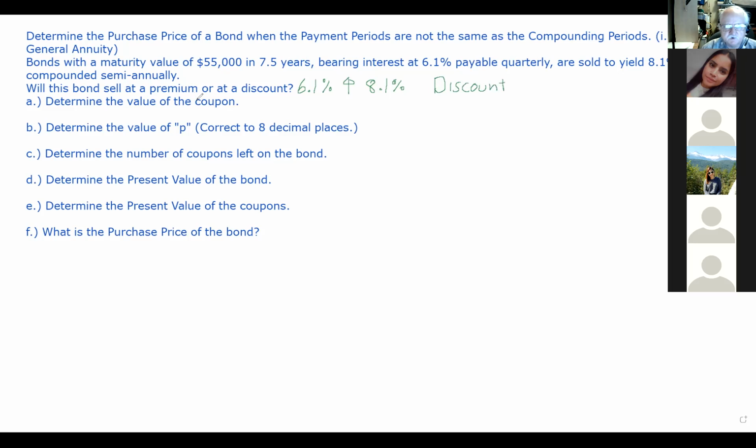So the value of the coupon, we can calculate it. The face value is 55,000, and the coupon rate is 6.1%. But notice it's compounded quarterly, so divided by 4.